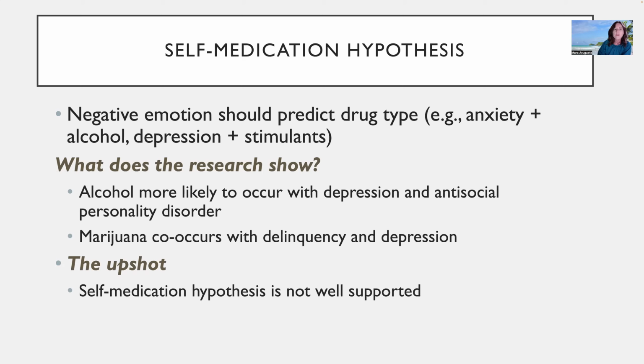So if you, for example, are very depressed, you might end up with this alcohol use disorder, because alcohol calms you down. I'm sorry, I said that wrong. If you're very anxious, then you might end up with an alcohol use disorder, because alcohol kind of calms down that anxiety. It's a depressant, right?